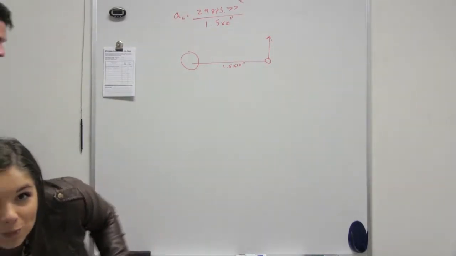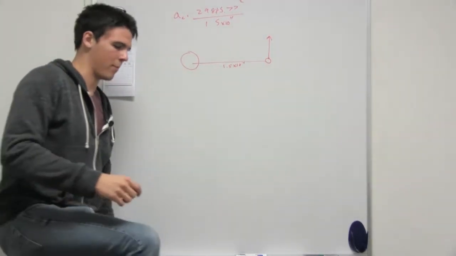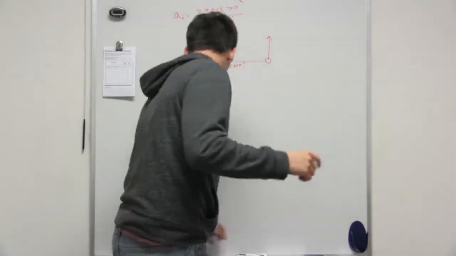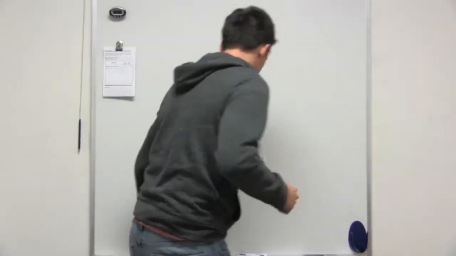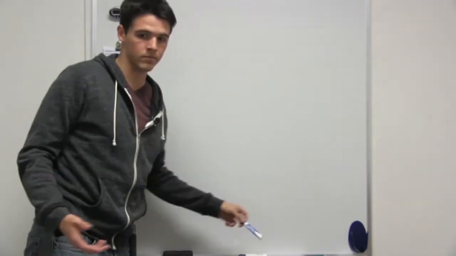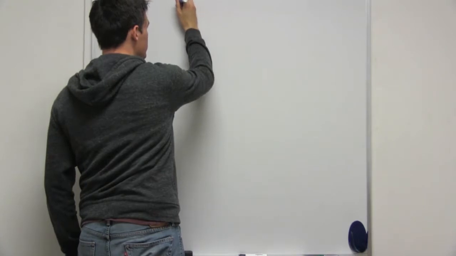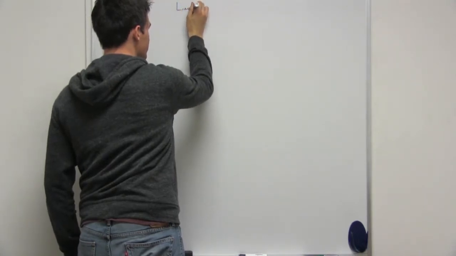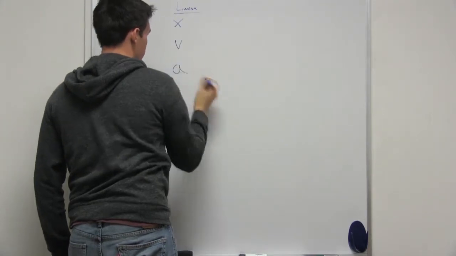Okay. So angular velocity is very similar to regular velocity. In the linear world, you have position and velocity and acceleration.